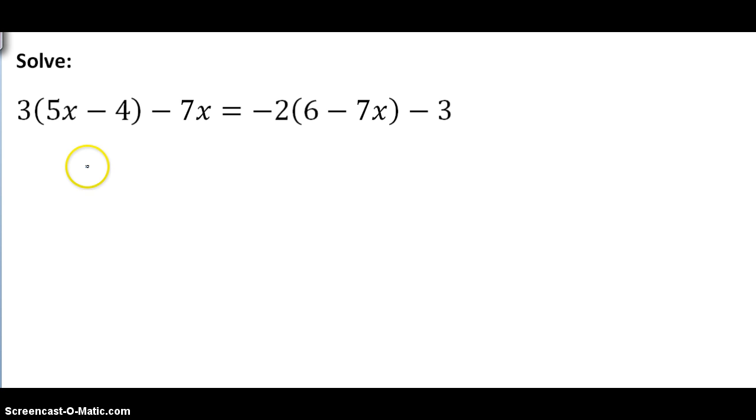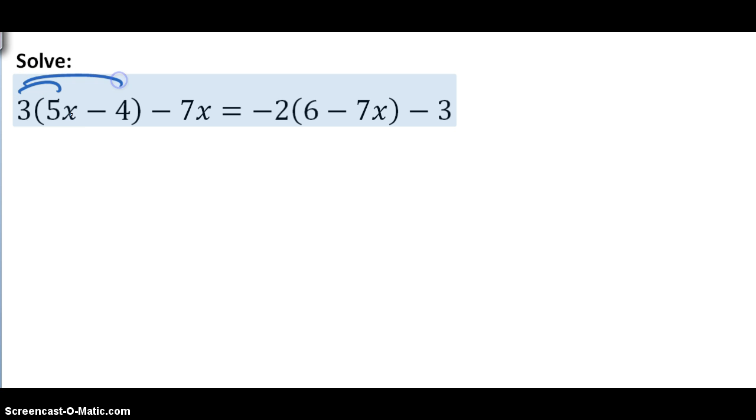Notice, this should look familiar here, and this should look familiar here. There's an equal sign, and you kind of want to do stuff to both sides, like you just learned. Whatever you do to one side, you have to do to the other side. But we don't want to do that yet. What you want to do is deal with the parentheses by distributing and combining like terms, and then actually solving it.